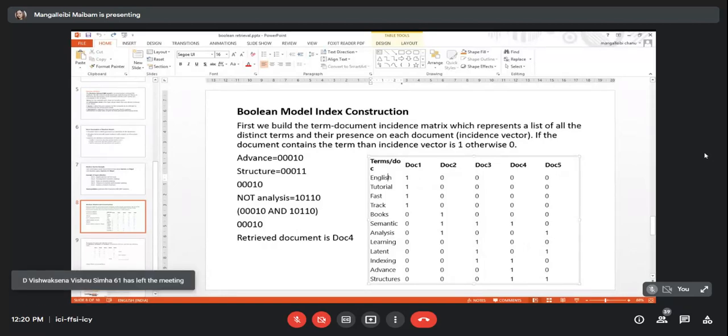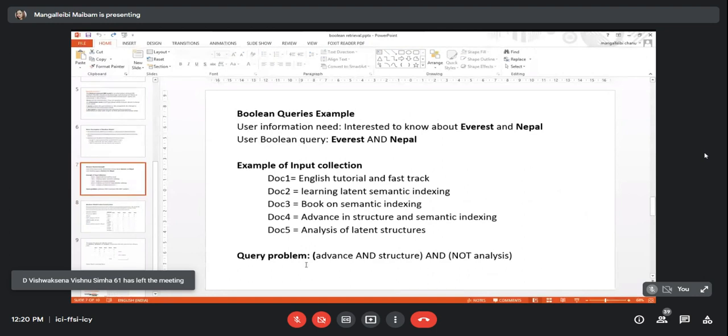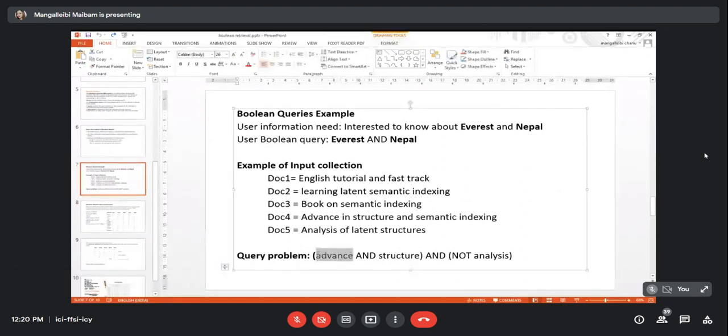Now go up to your query here: advance, and this is the logical operator, structure, advance and structure, and not analysis. We are going to solve this query using the Boolean representation of each term.